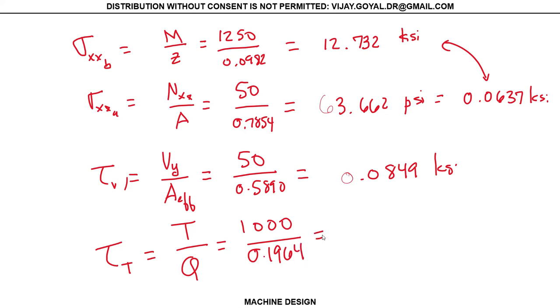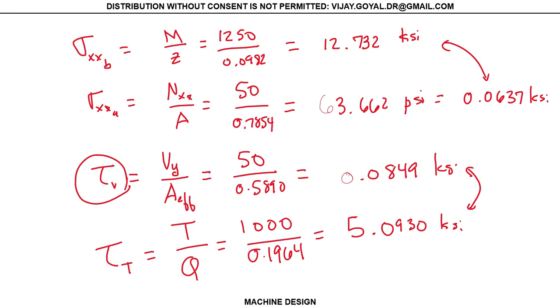And that gives you a value of 5.0930 KSI. Again, compare these values, you see that the contribution of this guy is very small compared to this. So we got all the values, we know what the values are now, and we can see that in our problem, they were all positive, okay? So these are the values I have now.